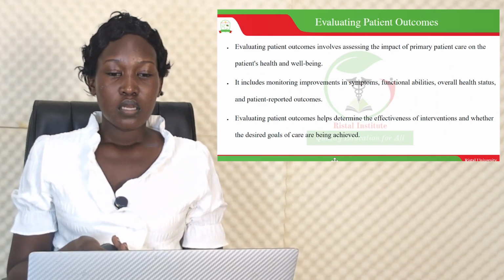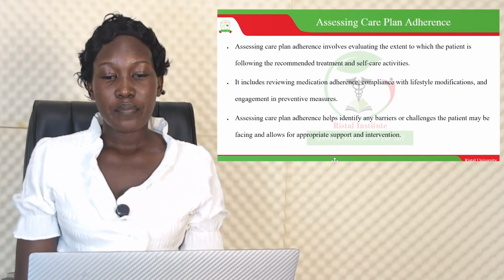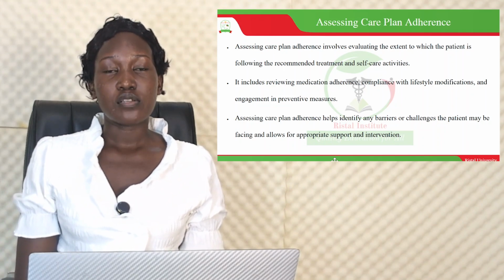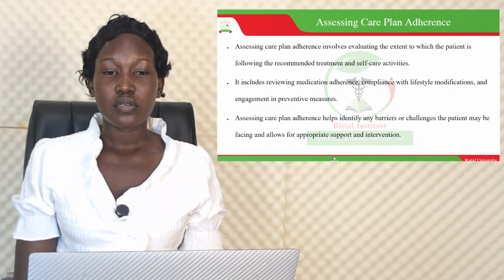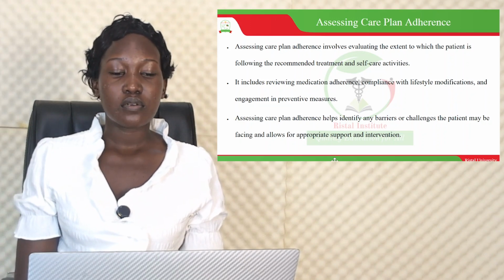Assessing care plan adherence is another way of evaluating yourself. Assessing care plan adherence involves evaluating the extent to which the patient is following the recommended treatment and self-care activity.